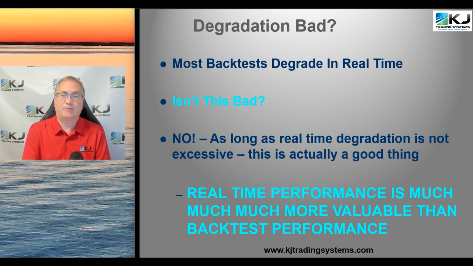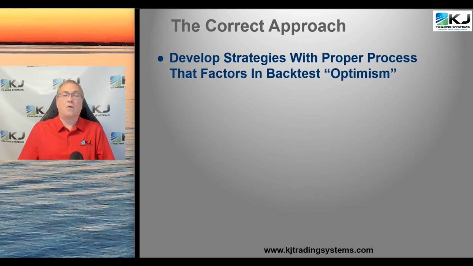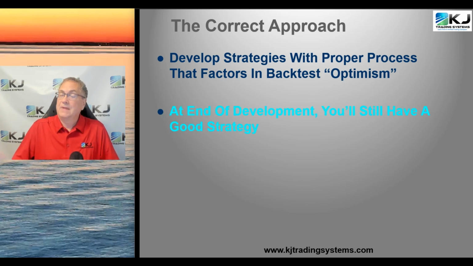You're getting real-time performance. So the correct approach to building strategies means you have to factor in and account for what I call the optimism of backtesting. And if you go in with that and realize that you are looking at an optimistic scenario, you could still have a good strategy at the end.